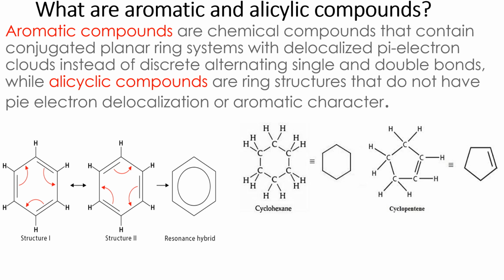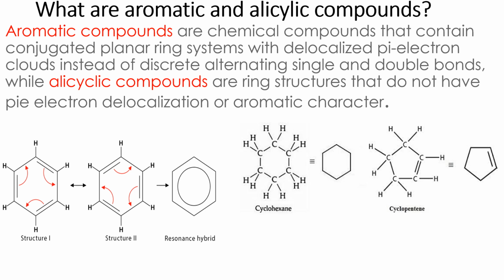These are compounds that do not have electron delocalization within the ring. They do not have aromatic character, but they are ring structures. An example here is cyclohexane. If you look, there is no double bond in the ring.